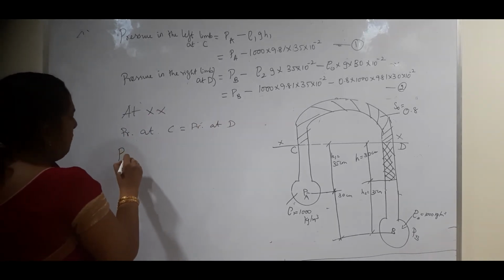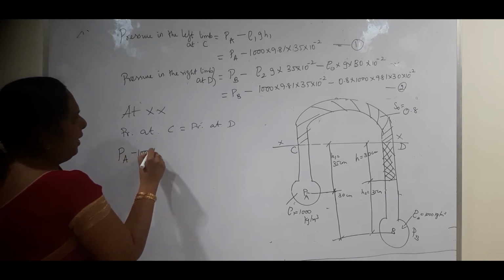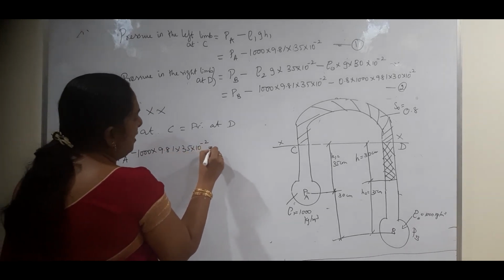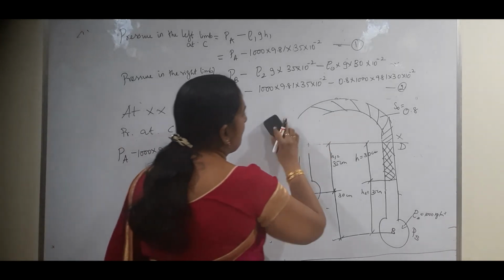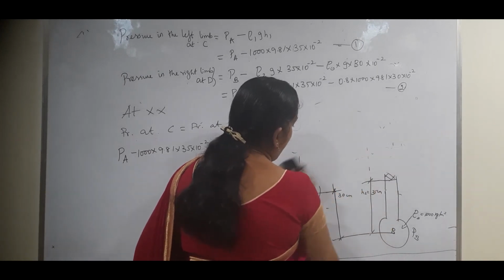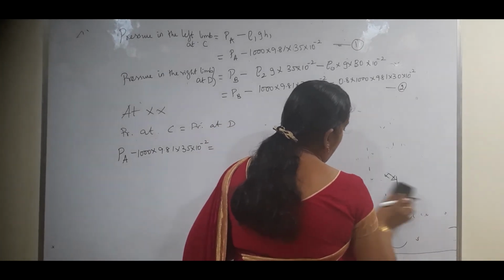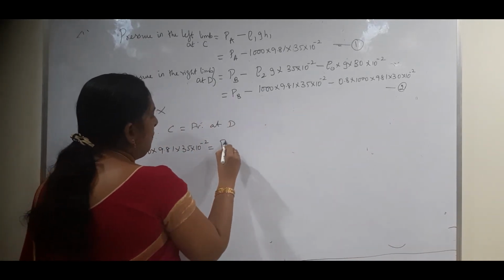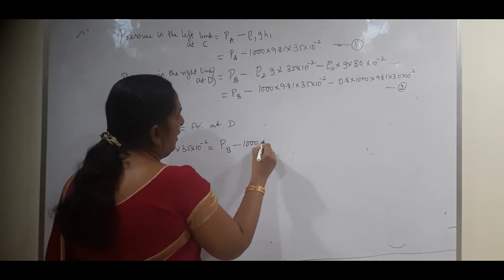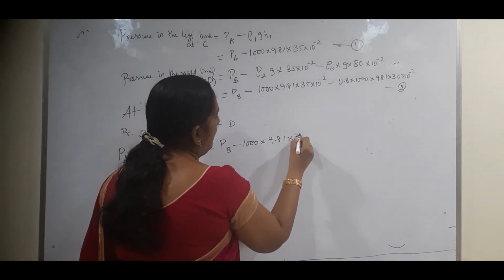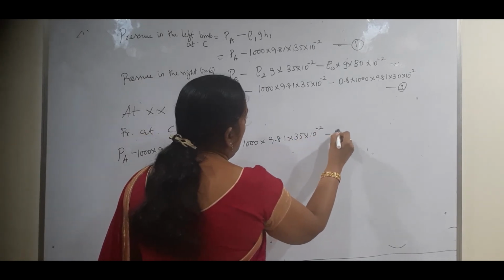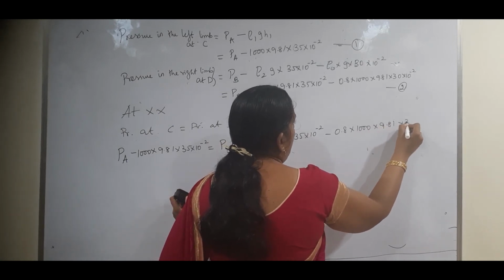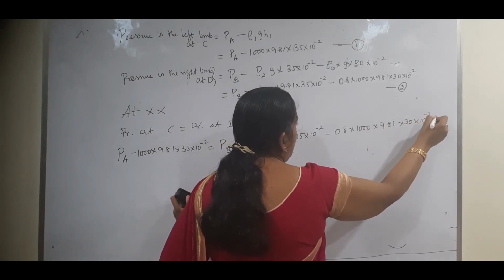So PA minus 1000 into 9.81 into 35 into 10 to the power of minus 2 is equal to, to have it in the same line, I am rubbing out this diagram so that the equation lies in the same line, PB minus 1000 into 9.81 into 35 into 10 to the power of minus 2 minus 0.8 into 1000 into 9.81 into 30 into 10 to the power of minus 2.